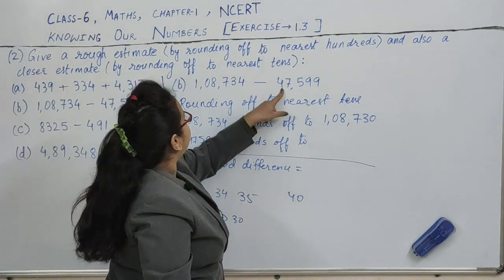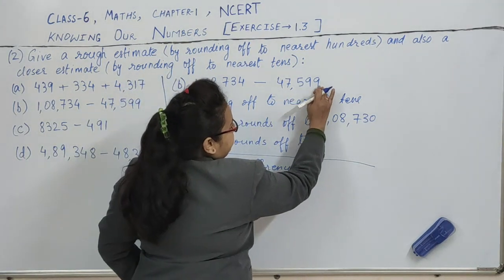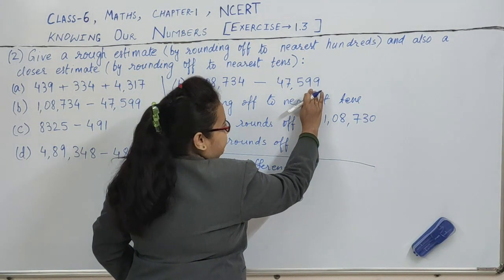Okay, and now this number. We have to round off this number to the nearest tens. So what will we see? We will take the digits of ones and tens places.